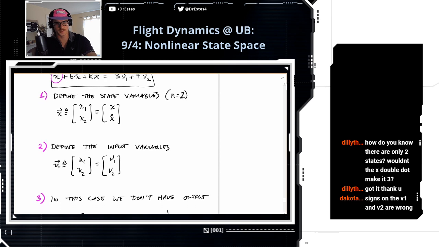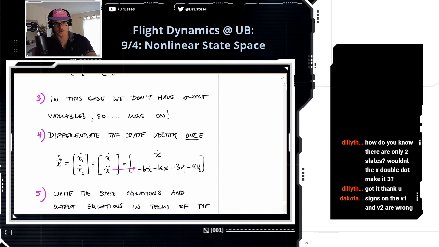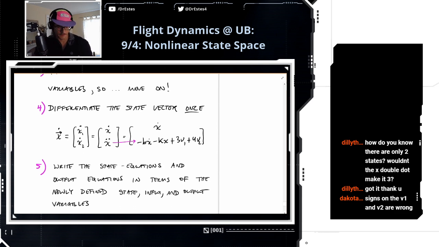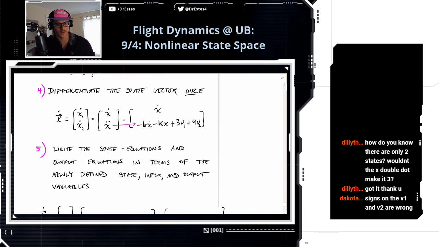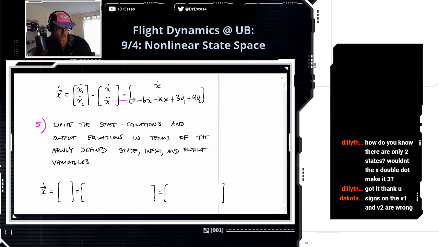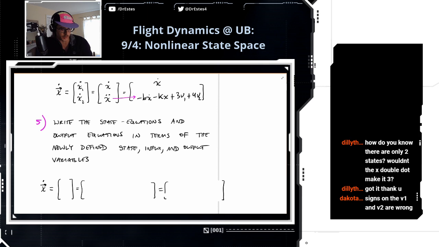Oh, jeez. The signs were wrong. All right. So that's step 4, differentiate the state vector once. Now step 5, write the state equations and output equations. Well, we don't have output equations in this case, in terms of the newly defined state, input, and output variables.